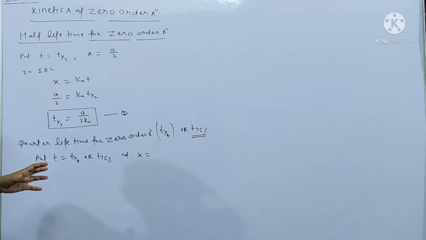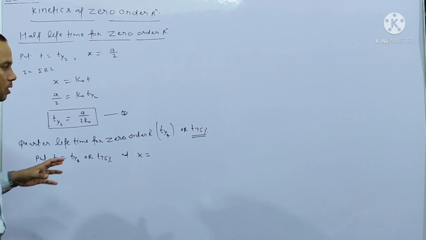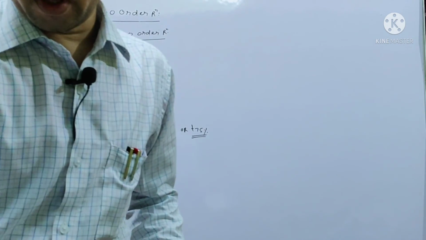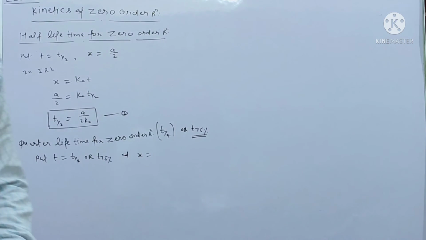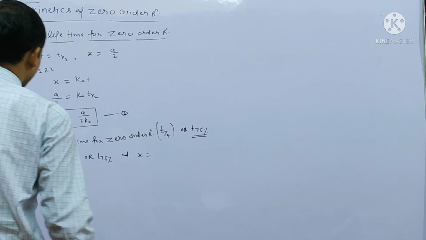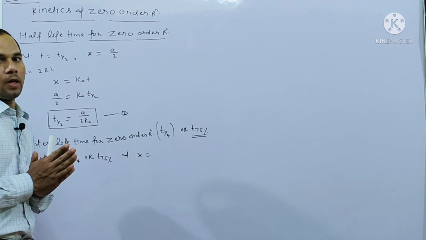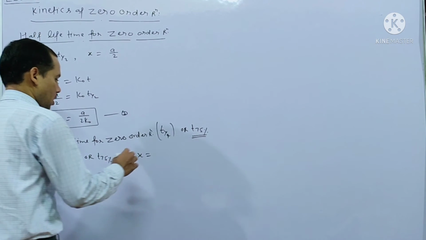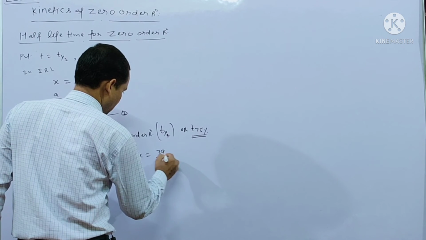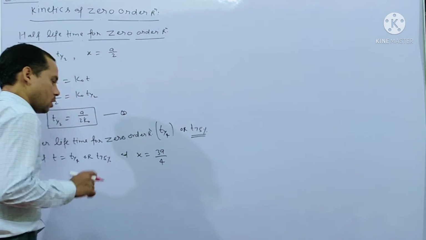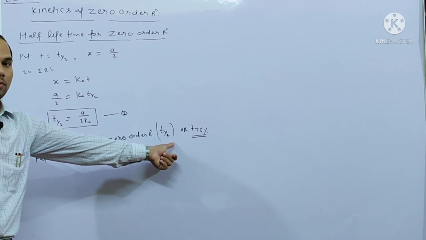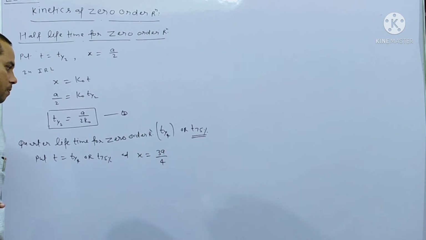The quantity of reactant decomposed is 3A by 4. So x equal to 3A by 4, right? Because only 1 by 4 is left, that means 3A by 4 is decomposed.